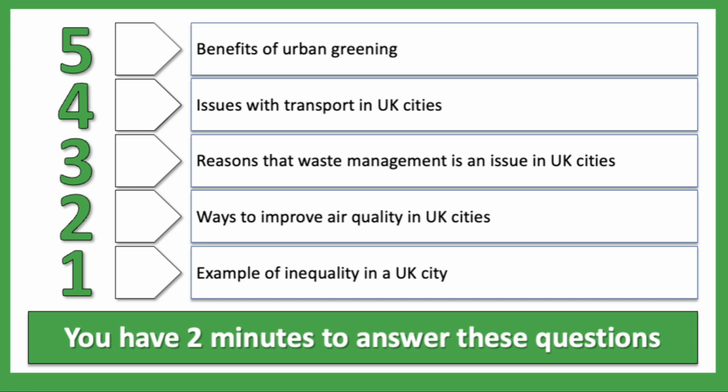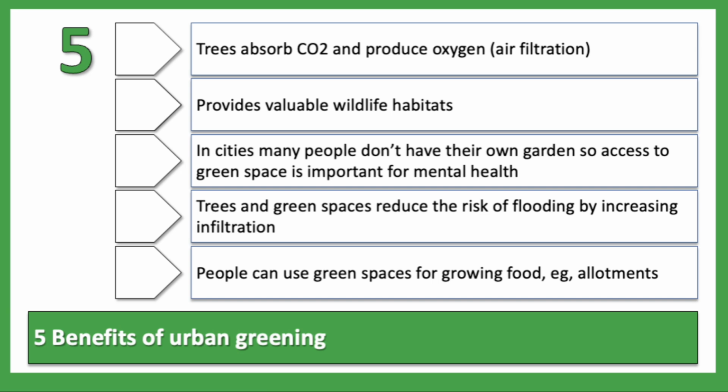Okay, hopefully you have managed to get that done in 2 minutes. If you need to pause the video to give yourself more time, then obviously you can do so. Let's have a look. So 5 benefits of urban greening. So the idea of it creating more green space across cities. So firstly, trees absorb CO2 and they produce oxygen, so they are filtering air. They provide valuable wildlife habitats.